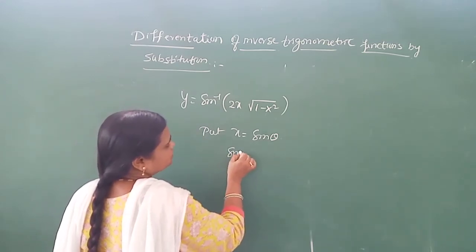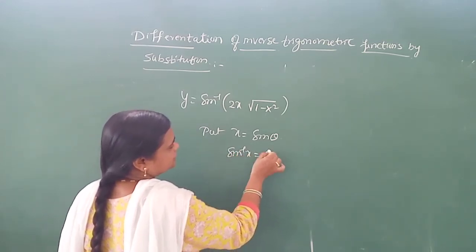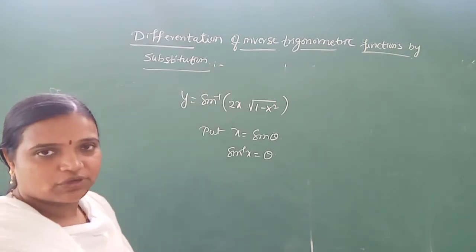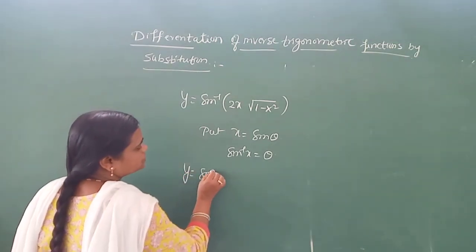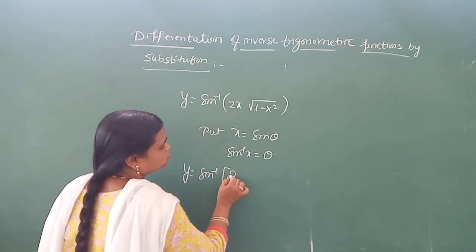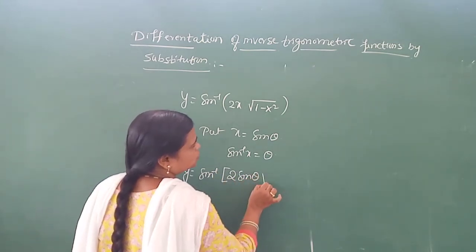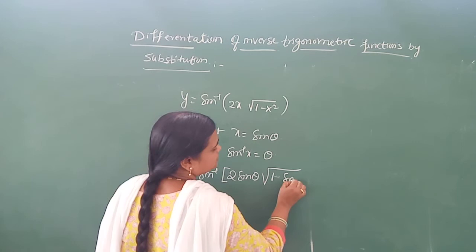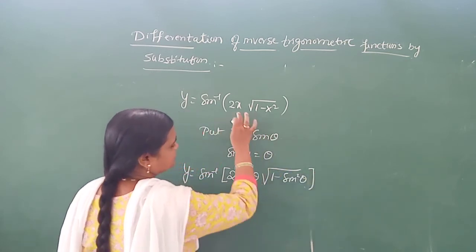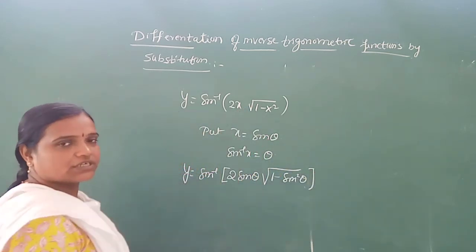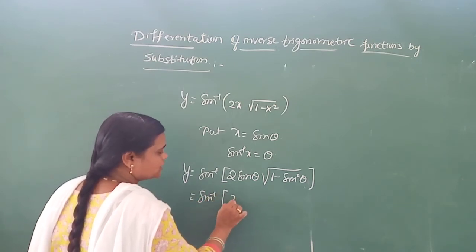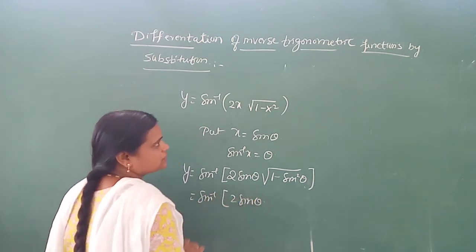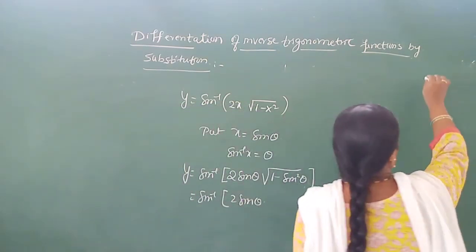And sin inverse x is theta by the definition of inverse trigonometric functions. Then we can write y is equal to sin inverse of 2 sin theta root of 1 minus sin square theta. Apply x is sin theta, correct? And we can write this as sin inverse of 2 sin theta. Correct? See, we have the formula.